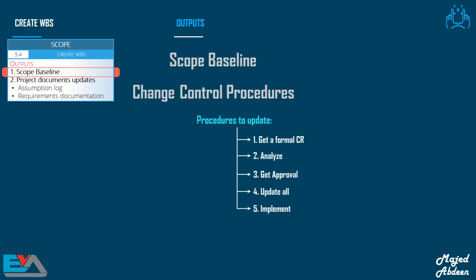Then we will get approval for the change request. If the change request is approved, then we will update the scope baseline. That means we will update the project scope statement, WBS and WBS Dictionary, and you update any aspect of the project which is impacted by the change.